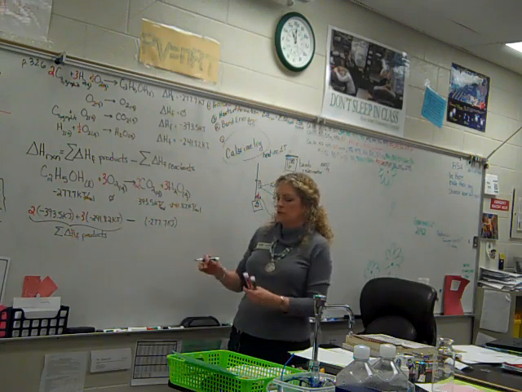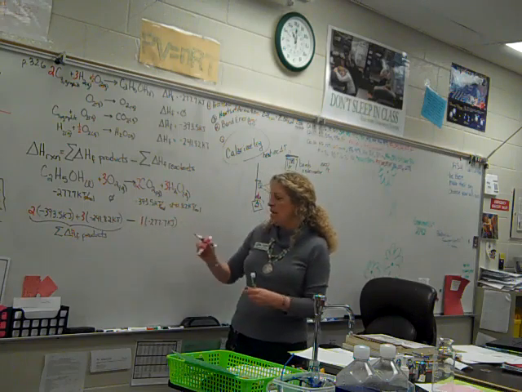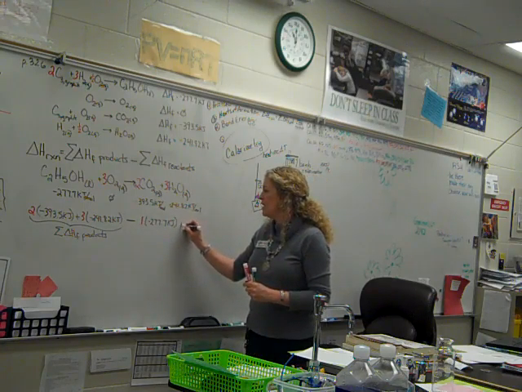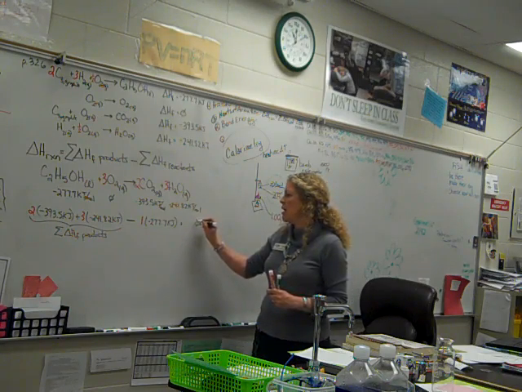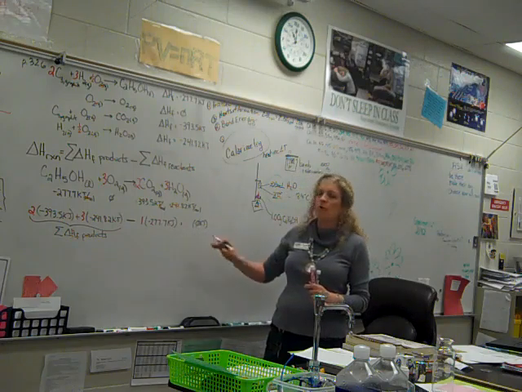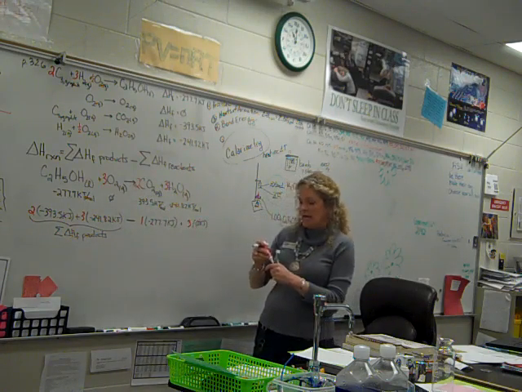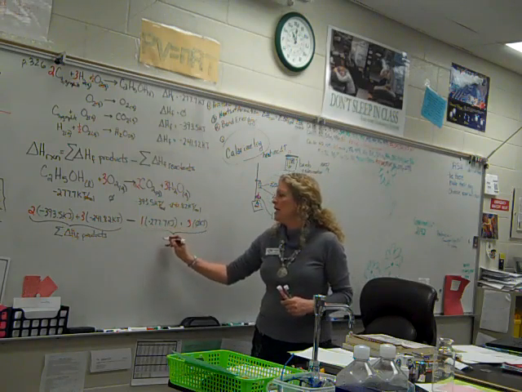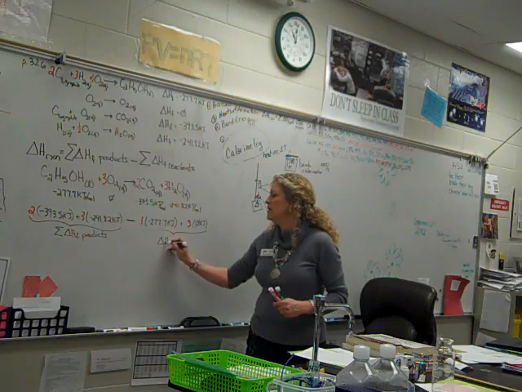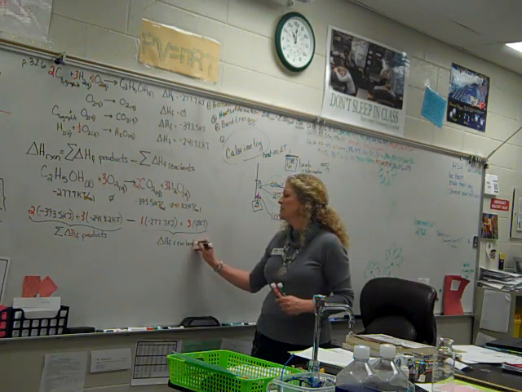How many moles? Just one. Then our second reactant is oxygen. Even though it's a 0, I'm going to write it down for this model; you don't have to write it in the future. How many moles? 3. So this is the heat of formation of your reactants.